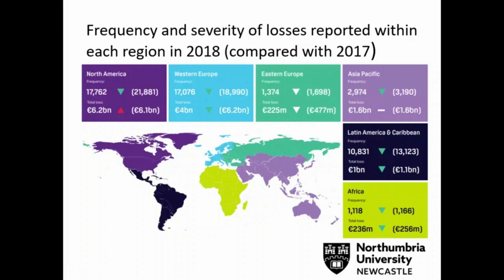So even though the number of operational loss events lowered, the financial cost actually went up. So these are obviously events, or losses, that may be more high impact.